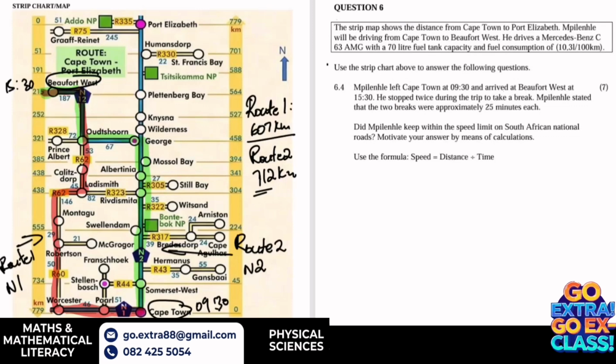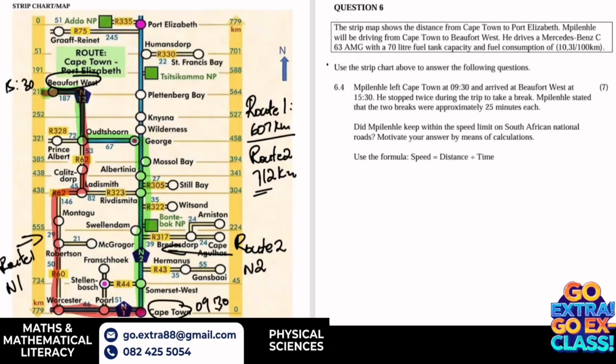The next question says, did Mpilenhle keep within the speed limit on South African national roads? So the first question that might come up is, what is the speed limit on the national road?